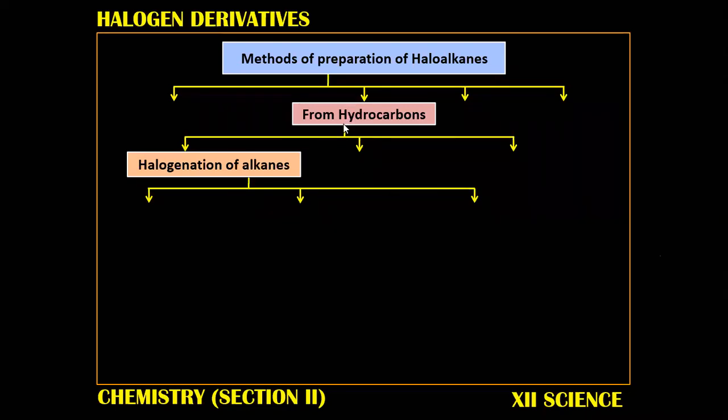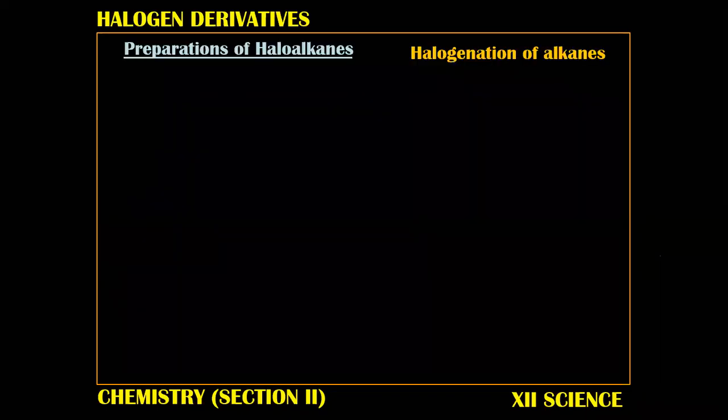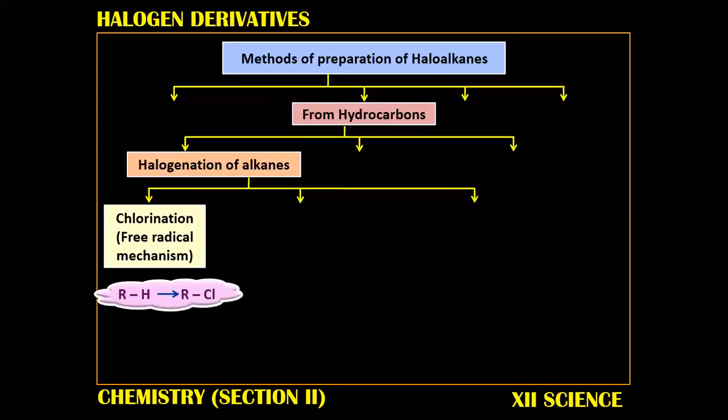So in the second method, from hydrocarbon, give Roman number 2. Here you give number 1, halogenation. Under that, A, chlorination. Now we have to do 3 separately: chlorination, bromination, and iodination. First, I'll show you chlorination.